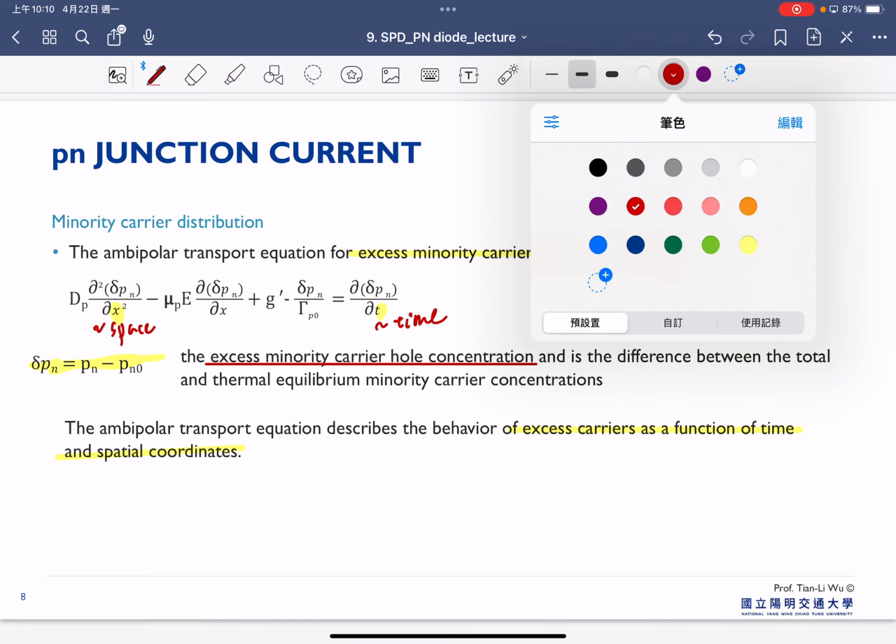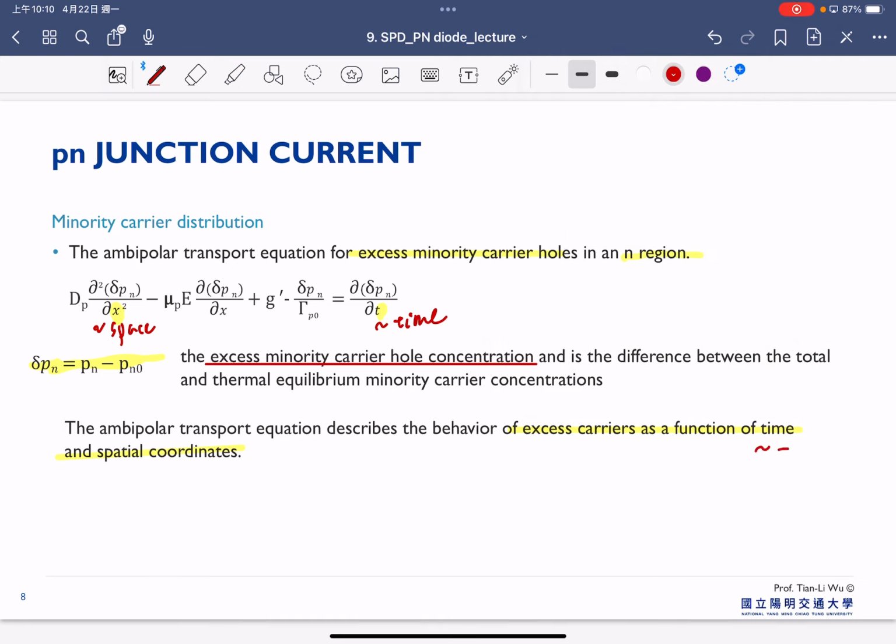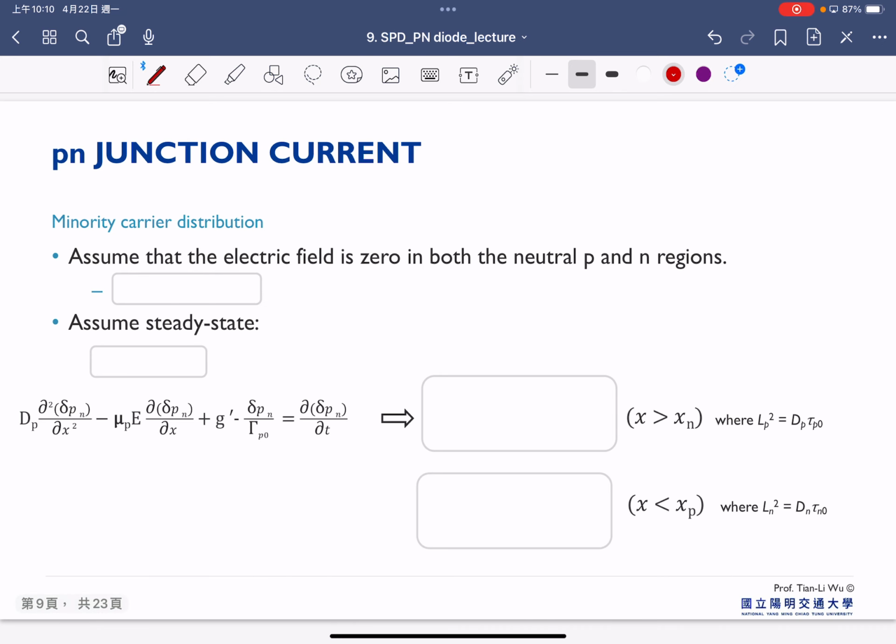So we have the time here. We have x that's related to the spatial coordinate. And to further calculate, we actually have to also consider some simplified case. So we assume the electric field is 0 in the neutral P and N region.